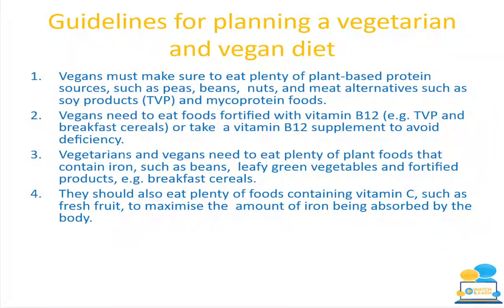So vegetarians and vegans should eat plenty of foods which are high in vitamin C. So this is the likes of fruit, okay, because iron and vitamin C have an interrelationship. So that means when iron and vitamin C are being consumed by the body together, they are going to be absorbed in better quantities.